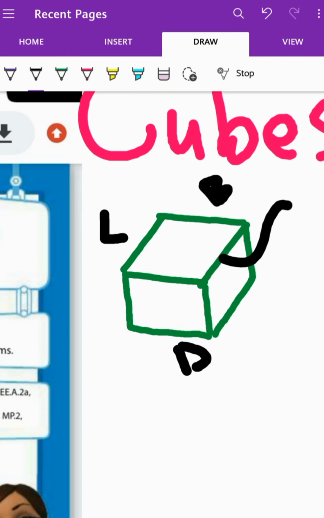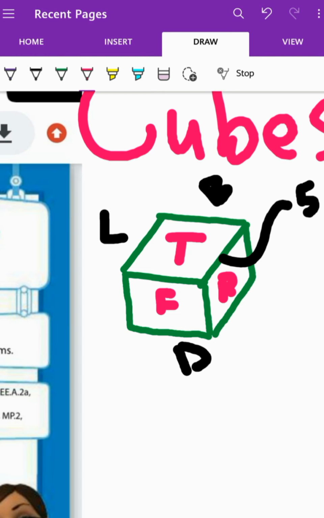That means the area can be found from one given side. For example, if one side is given here as 5, that means the areas of the 3 squares that you can see, which are the front, the right, and the top, are equal.